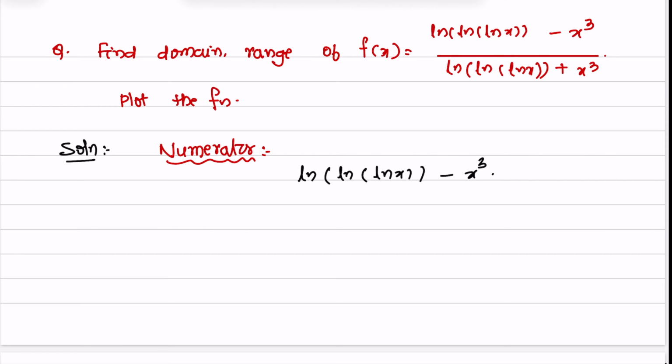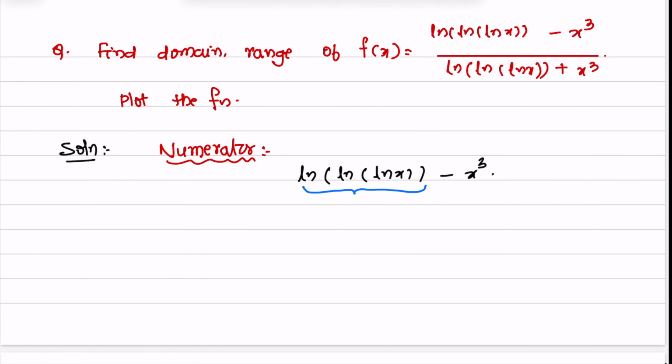As far as x cube is concerned, we know the domain will be x values it can take from minus infinity to plus infinity on the real line. The main crux of the problem is to find the domain where this value, that is ln x, for what values of x this is defined.